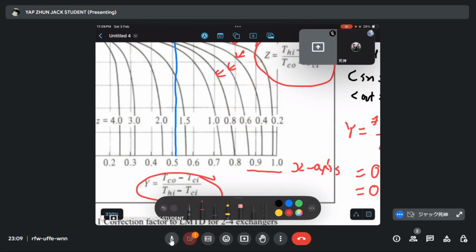From 1.5 to 1.0, the difference is 2.4. From here to here is 2.4. Then I need to separate it into 5 parts, so 2.4 over 5. For every 0.48 centimeter, I need to draw a line. So no need to worry. Just take out your ruler and list one by one.